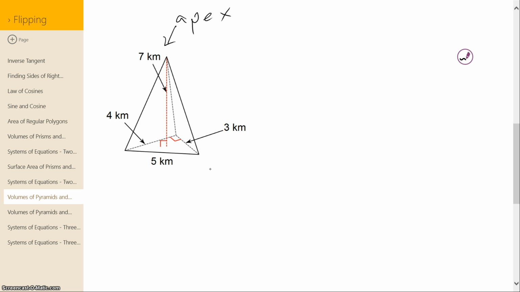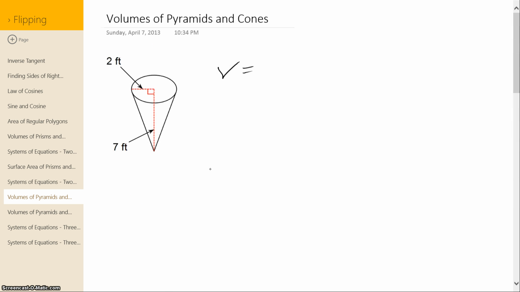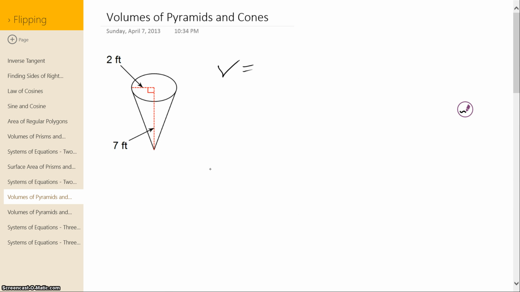Okay, and we've got our base on the bottom right down there. So we notice that this goes up to the apex, and then everything comes together to go to the apex right down there as well. Okay, so base and then a three-dimensional figure that extends toward an apex where all the sides converge there. All right.